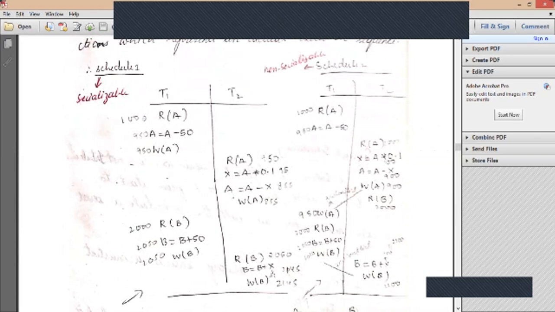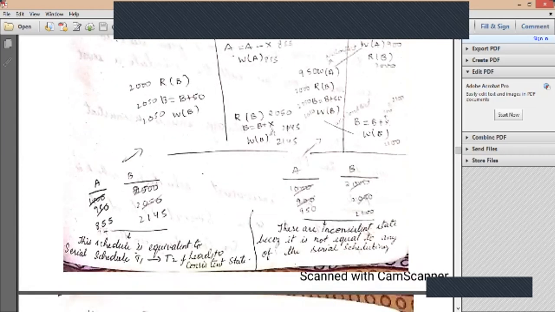You can also say it is when T1 executes, and then T2 executes, T1 followed by T2. Whereas here, T1 is executing and T2 is executing, but the output we get is not the same as we usually get in serial order.